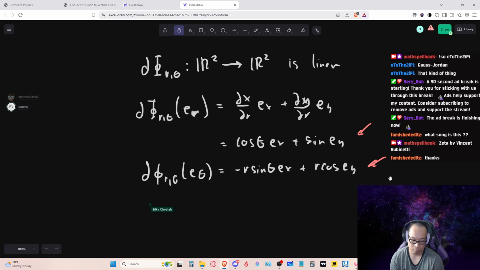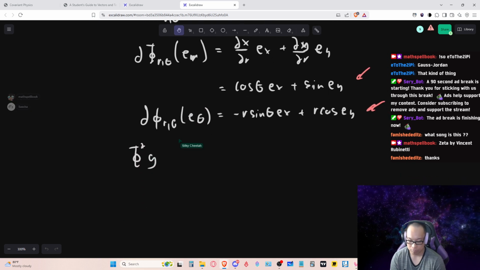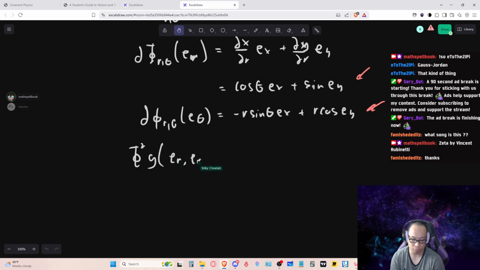So let's compute our metric on that. EX and EY are supposed to be the partial derivatives, right? And so EX and EY are just a basis for R2.